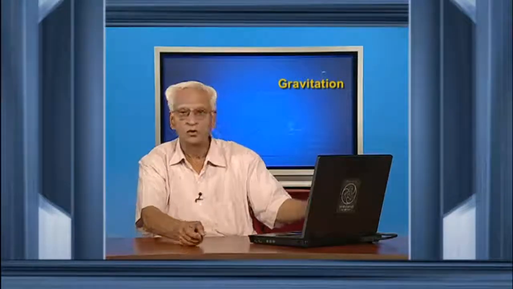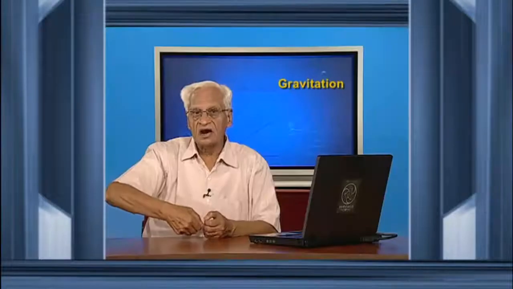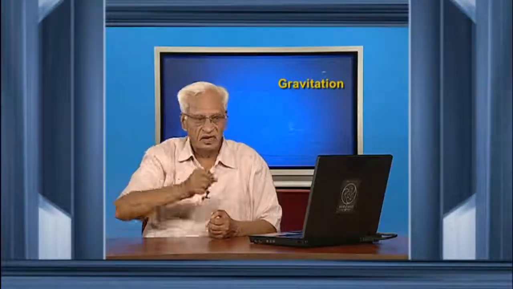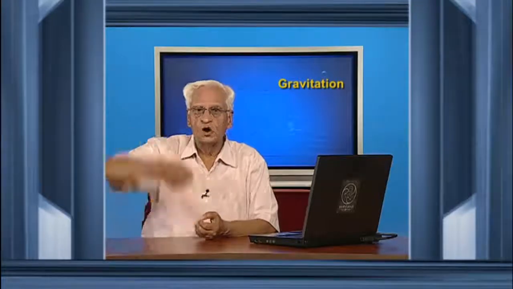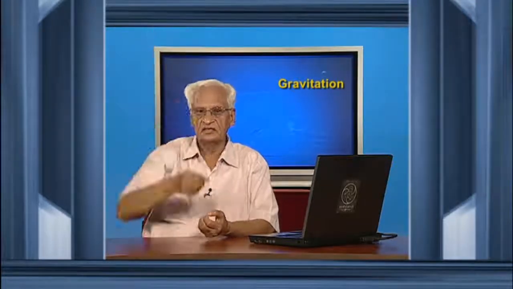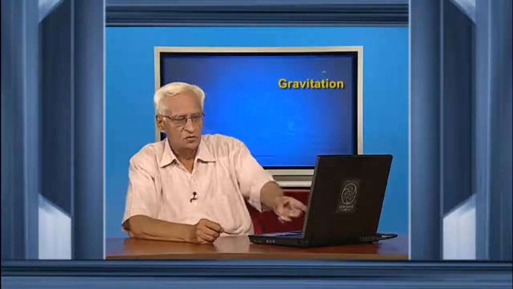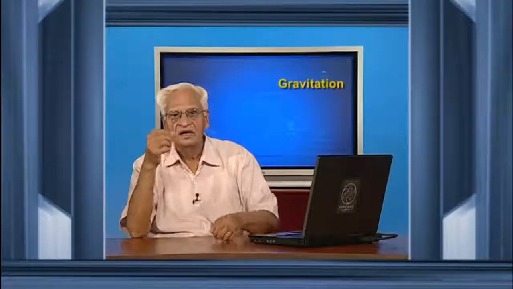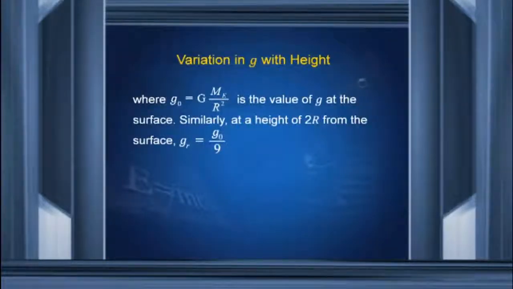If we go to a distance 1r from the surface of the earth, that is 2r from the center of the earth, the value of g becomes g0 by 4. If we go to distance 2r from the surface, that is 3r from the center of the earth, then the value of g becomes g0 by 9. So, it varies inversely as the square of the distance from the center of the earth.